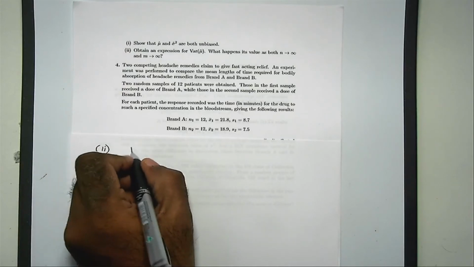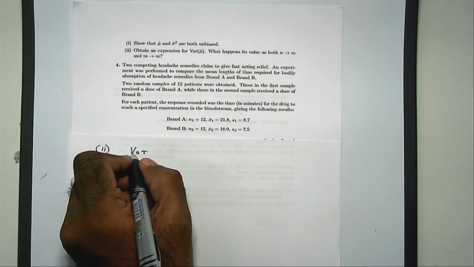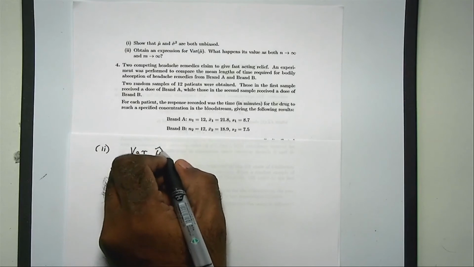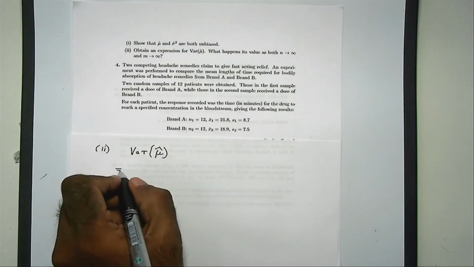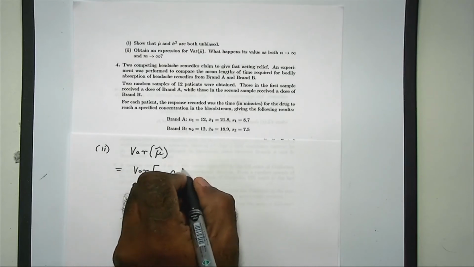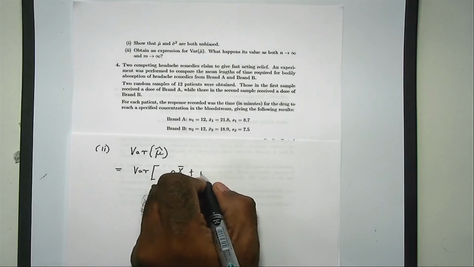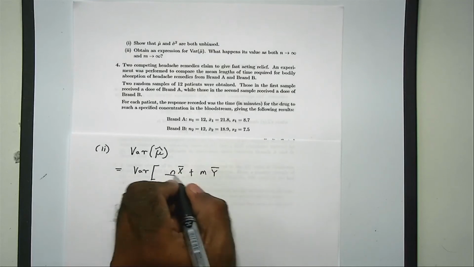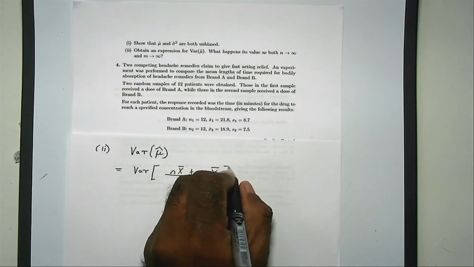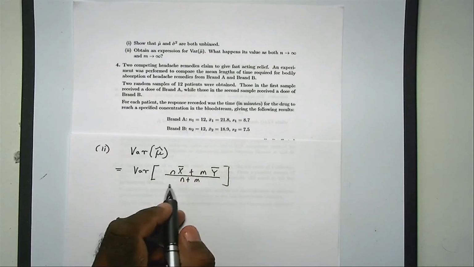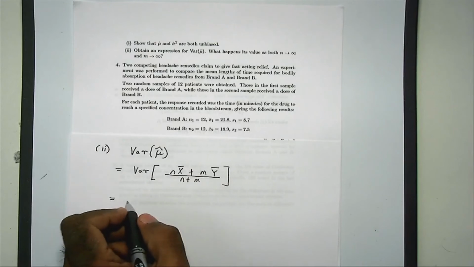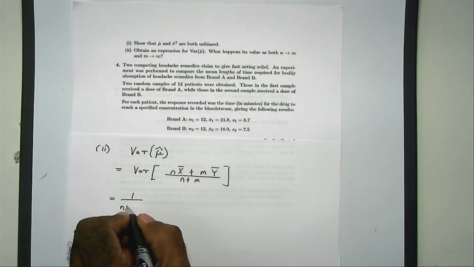So we are looking for the variance of mu hat, which is the variance of, taking the variance inside the brackets, you will get 1 over n plus m squared.